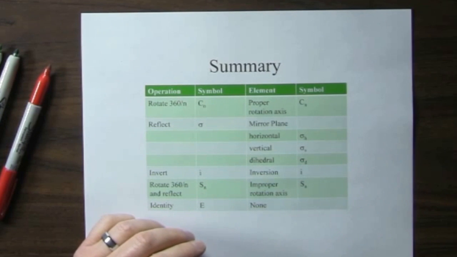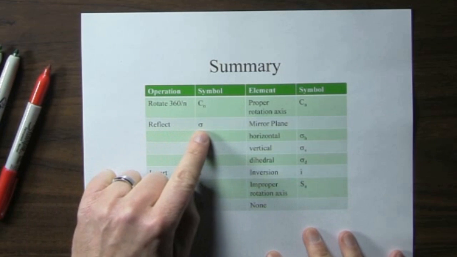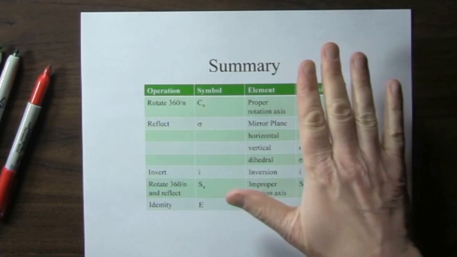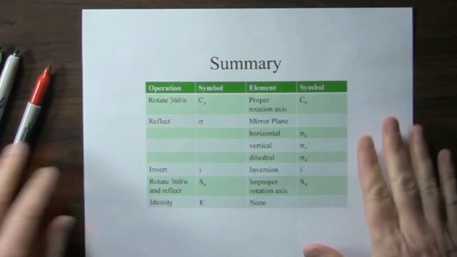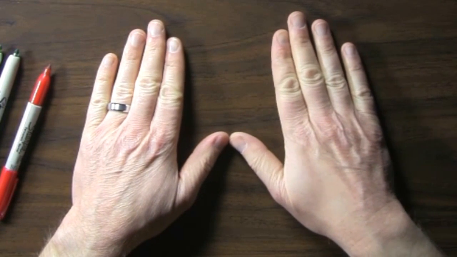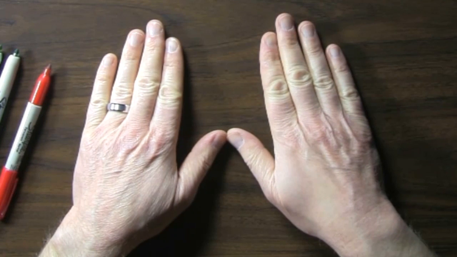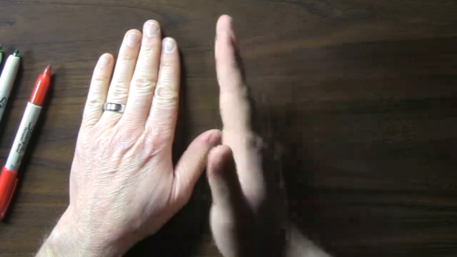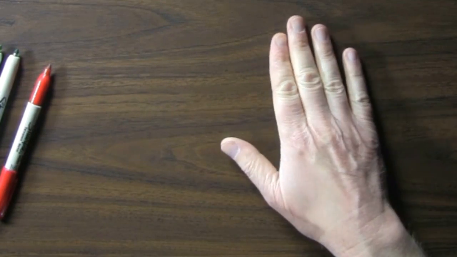We have reflection as an operation. Reflection is like a mirror. If I take my hands here, well, these aren't perfectly mirror images because I have a ring, but in general, your right hand is a mirror image of your left hand. And so I can imagine reflecting here to create this mirror image.